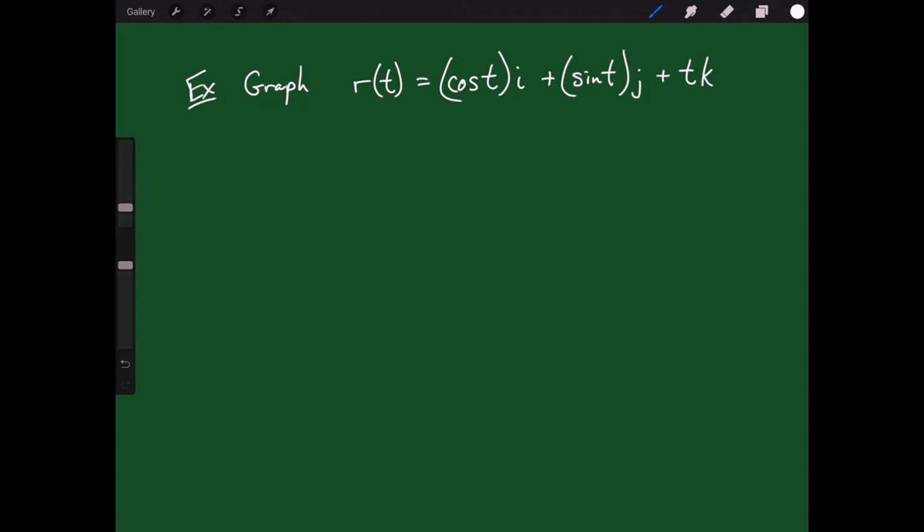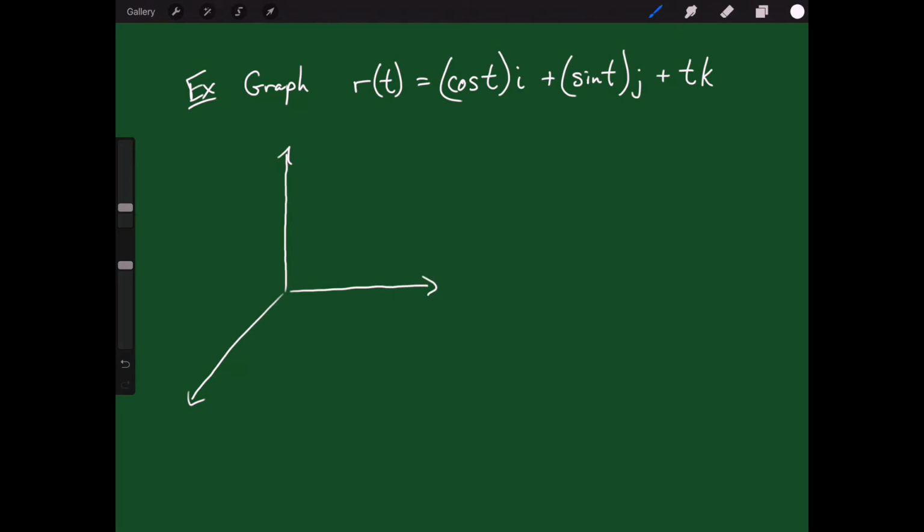All right, and I'd like to graph that vector-valued function. So to do this, since we're not as familiar with these types of functions, let's just plug in some values for t and see what we get.